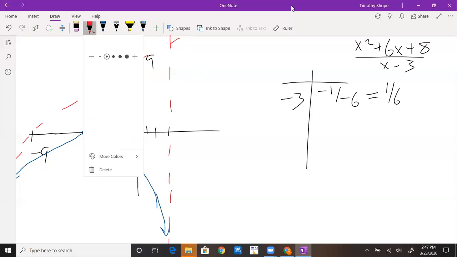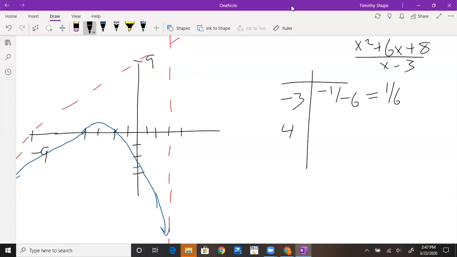On the other side, I would want to plug in maybe a +4 so I can figure out what's happening on the right side of this. So in the numerator, I get a 4 squared, which is going to give me a 16. If I add 24 to that, because of the 4 times 6, and then add another 8, 16 and 24, up in the numerator is 40, plus 8 more is 48. And then in the denominator, I've got that 4 minus 3, which is just going to be a 1.